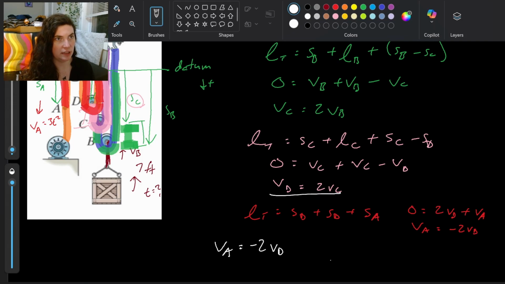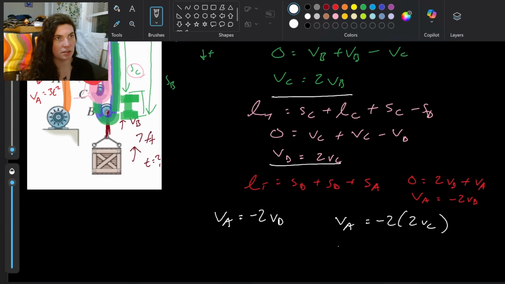That gives me VA equals -2 times 2VC. Then for VC, I can plug in my B relationship. So I get VA equals -4, and then VC we said is 2 VB. So VA is -8 VB.